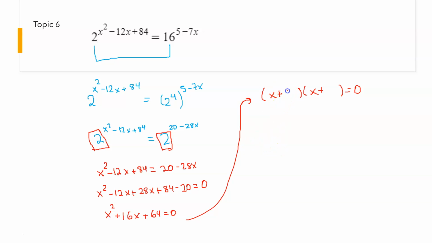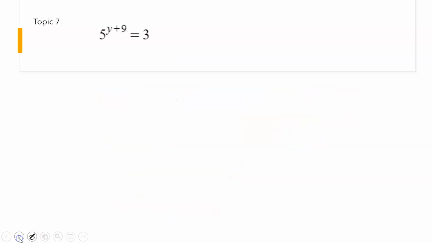In this case, the factors are 8 and 8, because 8 times 8 is 64 and 8 plus 8 is 16. So we have only one solution that is repeated twice. x equals negative 8, and x equals negative 8. So the only solution possible in this case is x equals negative 8.